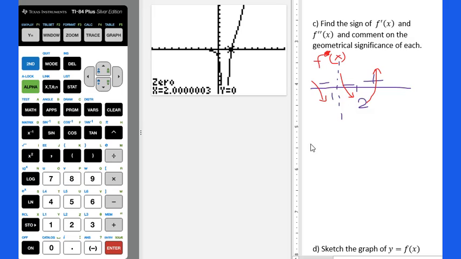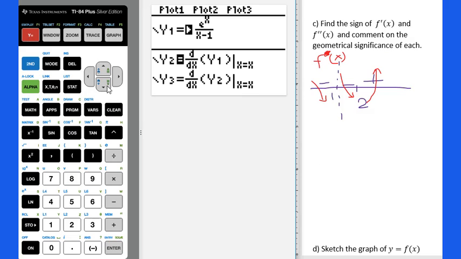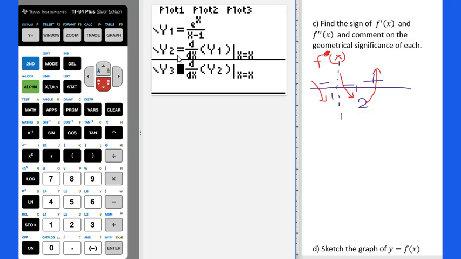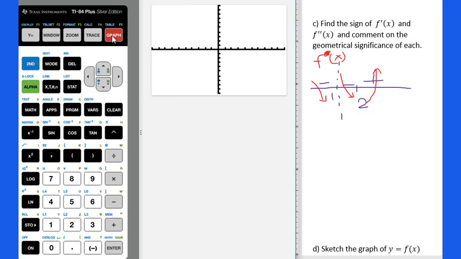Now let's draw the sign diagram for the second derivative. So I go to y equals, clear this y2, that equal sign. Then we need a graph for y3. y3 means the second derivative of the function. So we go to graph.